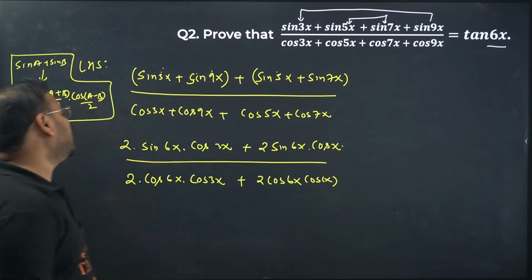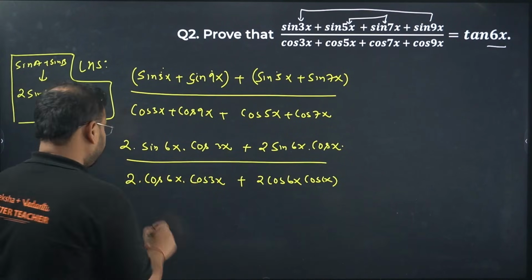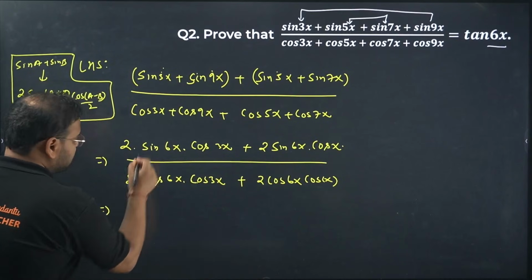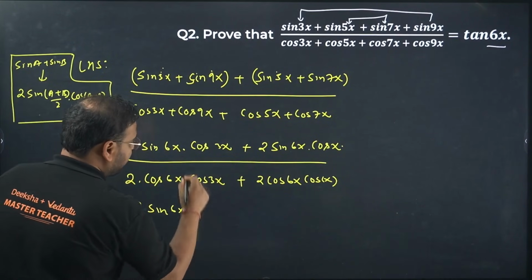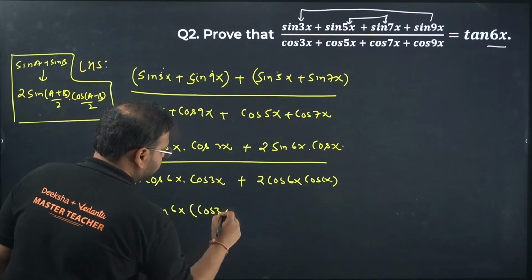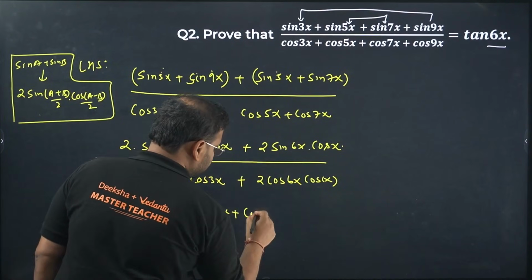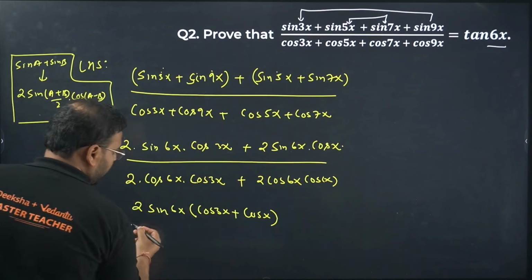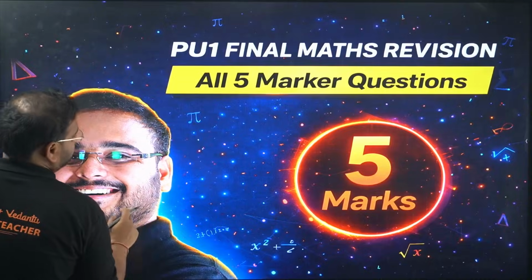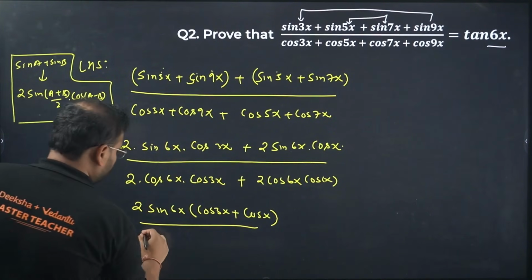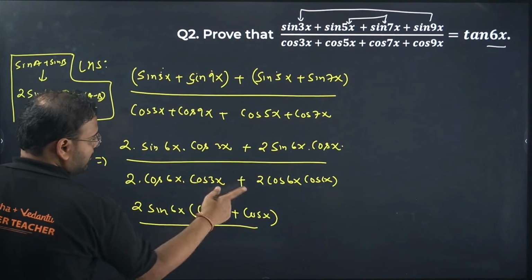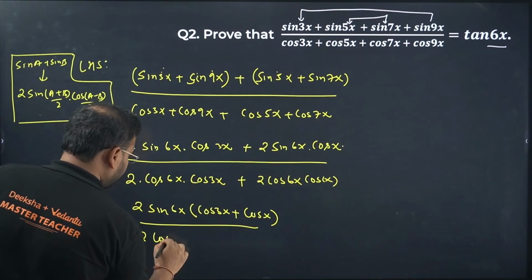You can see here 2 sin 6x is common over here in the numerator. We get here cos 3x plus cos x. Check the denominator now. Twice of cos 6x is common.